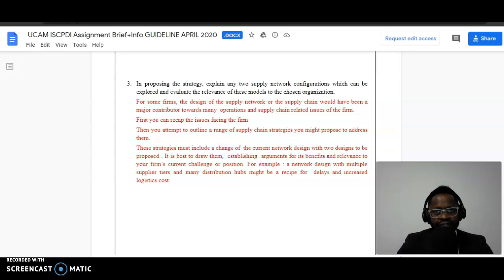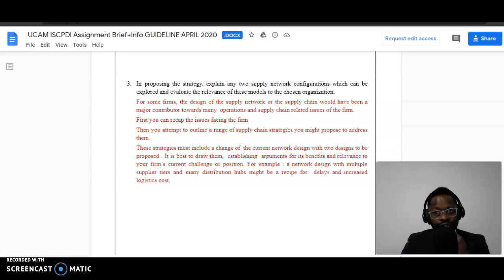It's all on you. Just give a sketch of the new configuration that you think will be required based on your supply chain strategy that you would have discussed. So there should be a relationship between whatever strategy you apply and some adjustment of your supply chain network. All right, you get that?